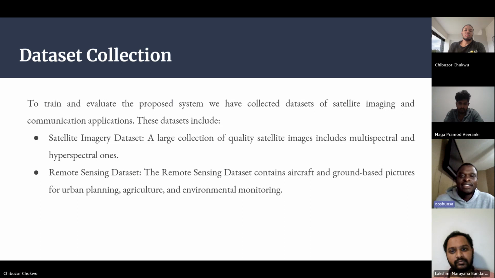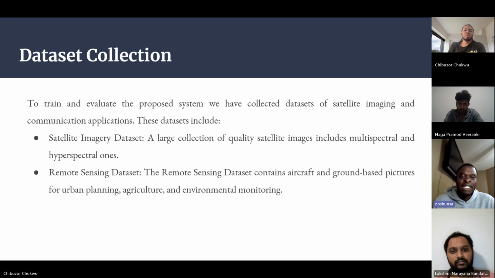The datasets serve as the foundation for enriching and transmitting the data over satellite communications. First, identify the relevant dataset, that is, determine the type of dataset needed for the semantic communication application.